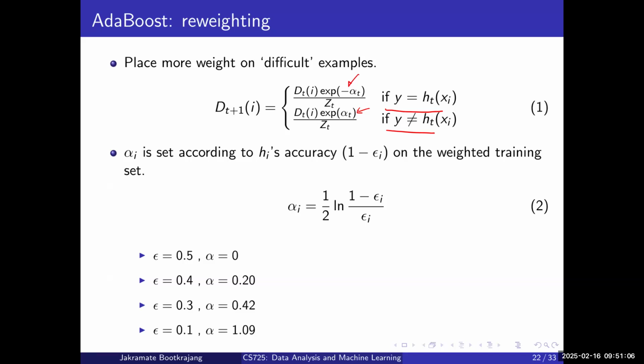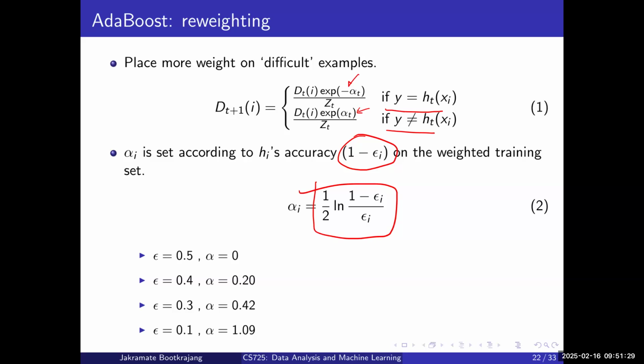What about alpha? How do we set alpha? So we have alpha set based on the 1 minus error rate. It's basically the accuracy of the model. And then I just happened to pick this function.